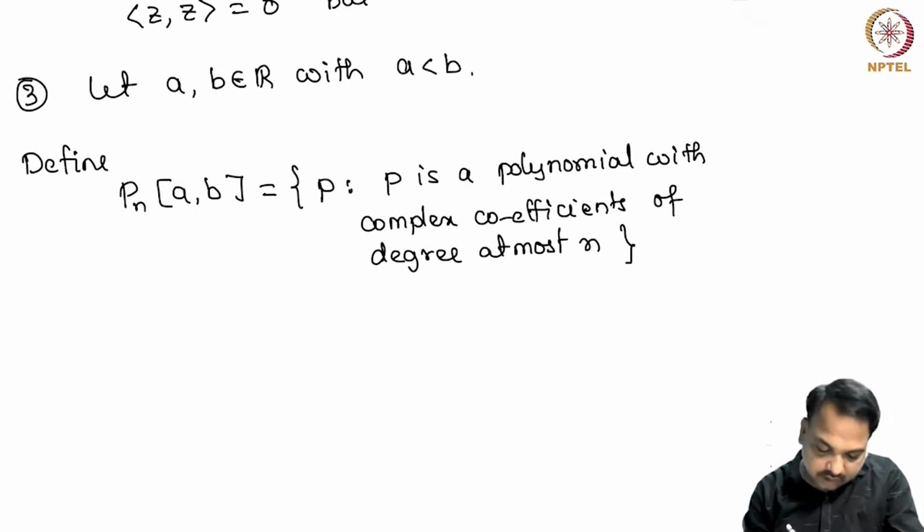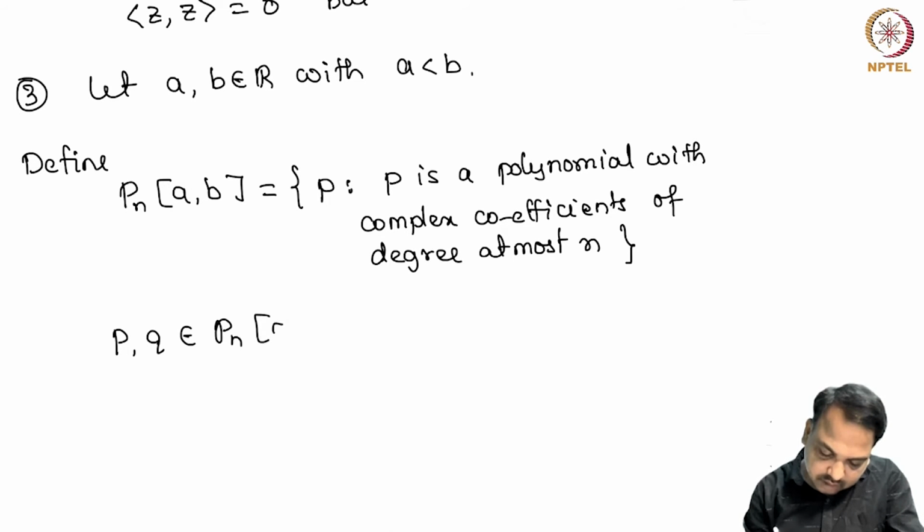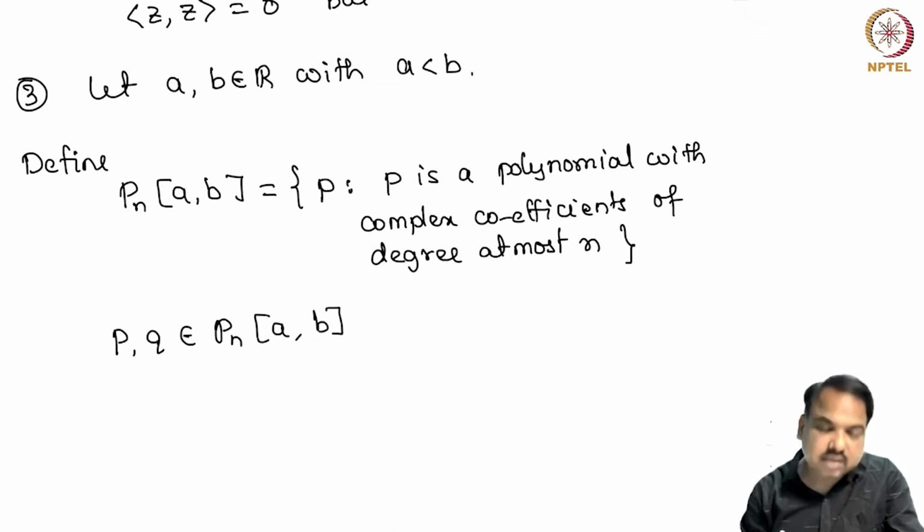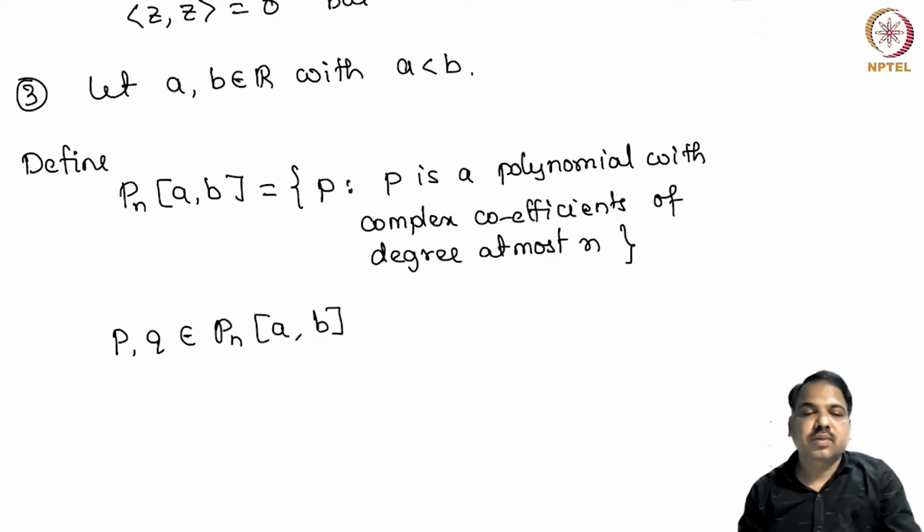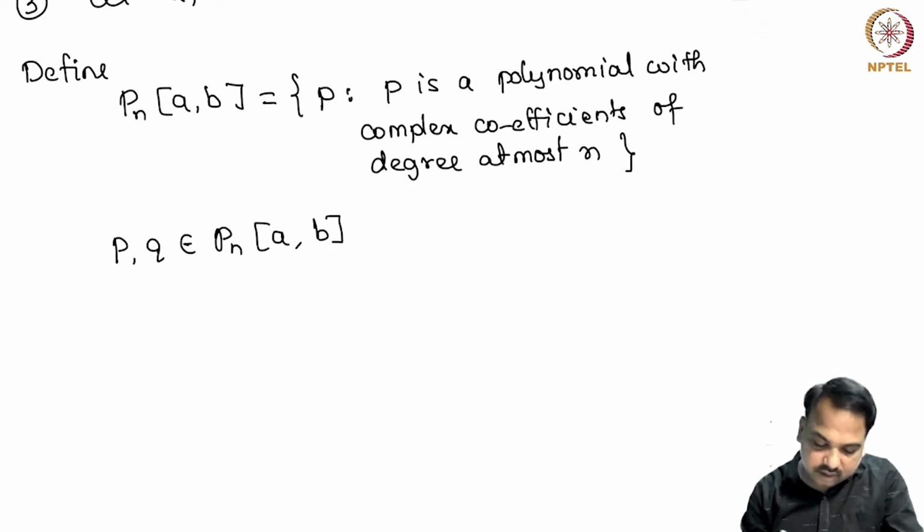Then if I take P and Q in Pn of ab, we can easily check that this is a vector space with (P plus Q) at t as P(t) plus Q(t), and (alpha P) at t as alpha times P(t). We know that this is a vector space.